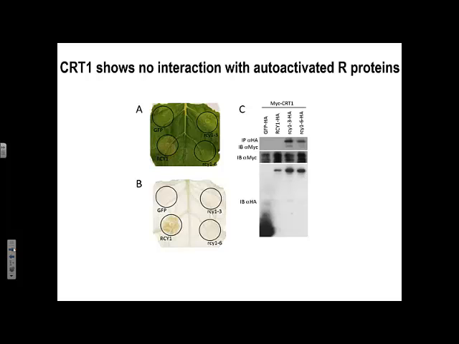So here's another experiment that I've done. If you overexpress an R protein in heterologous systems such as Nicotiana benthamiana, sometimes it will trigger autonomous cell death. It will trigger cell death without any reason. So we overexpressed RCR1, which is from Arabidopsis. RCR1 is another antiviral resistance protein in Arabidopsis, recognizing cucumber mosaic virus.